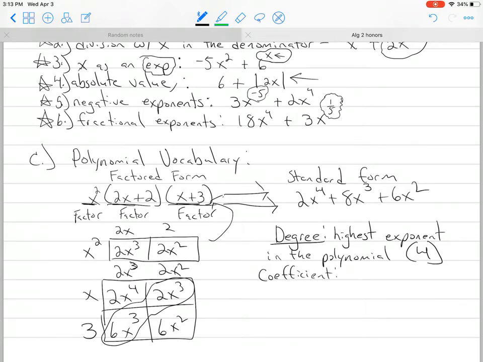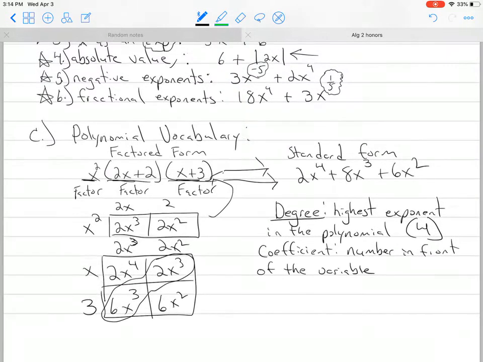The coefficient is the number in front of the variable, right? So in this particular situation, your coefficients would be 2, 8, and 6. These are your coefficients, 2, 8, and 6.